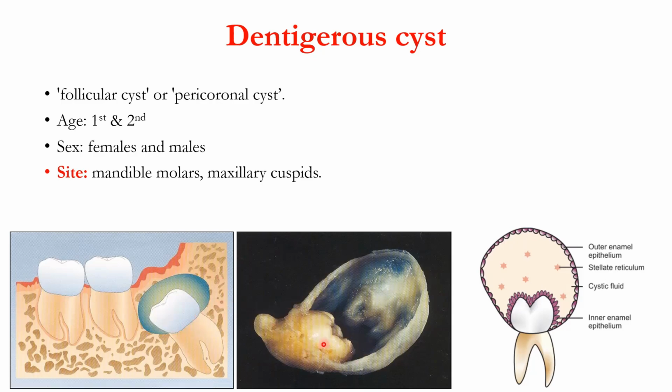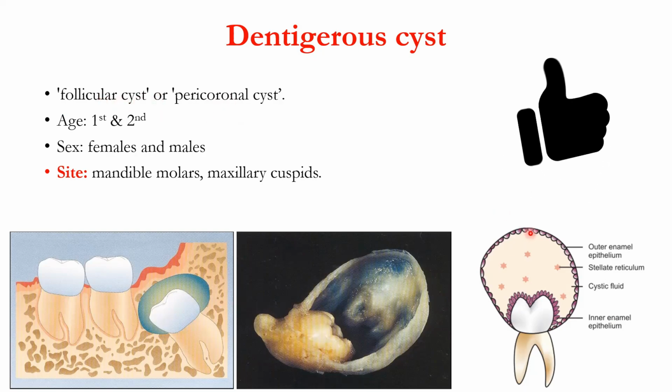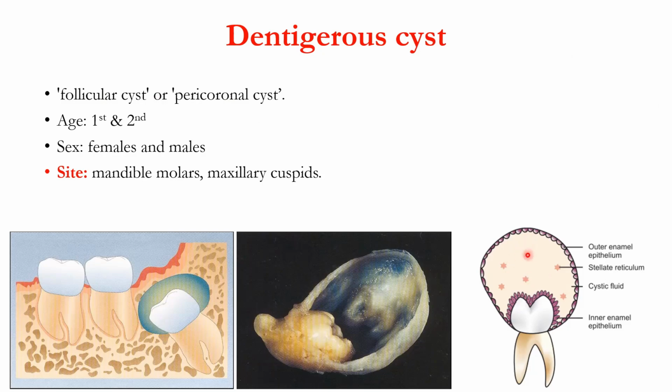This is a gross specimen of the same cyst. You can see that the cyst is attached to the neck of the tooth, or the cemento-enamel junction, and it surrounds the crown in this manner, and hence it is called a pericoronal cyst. It is also called a follicular cyst. Why? Because the fluid accumulation is within the dental follicle.